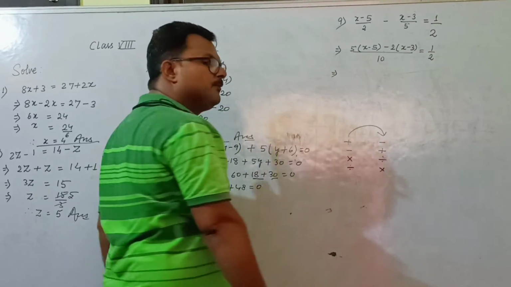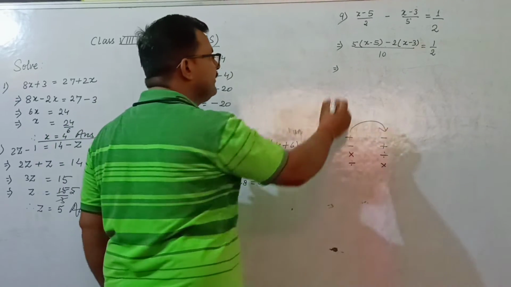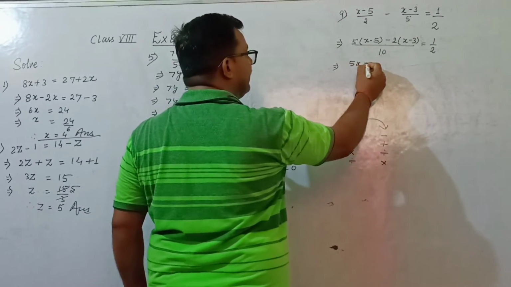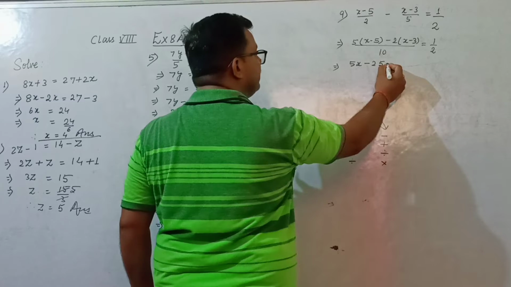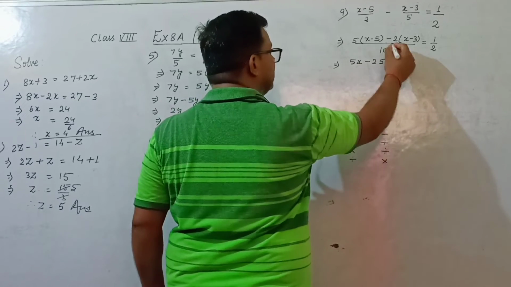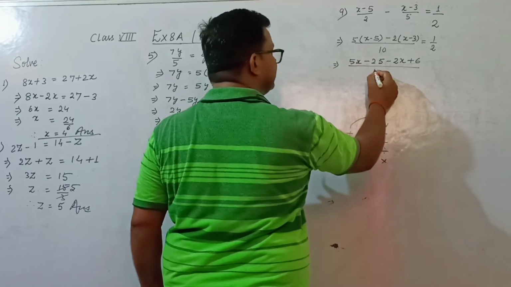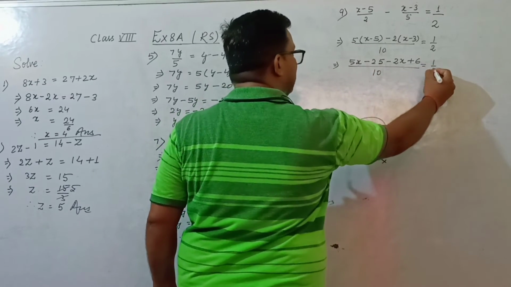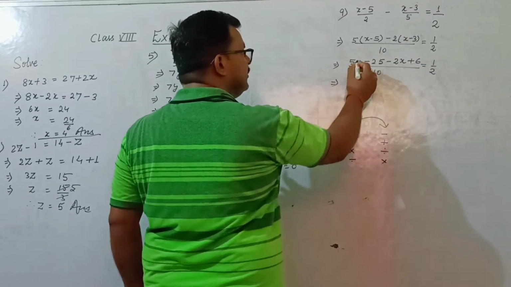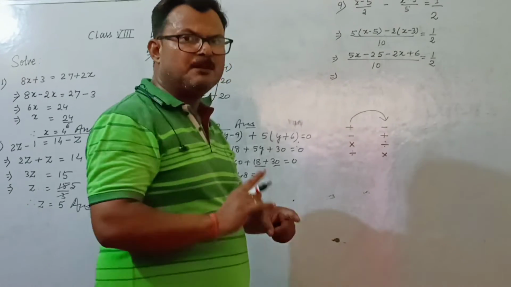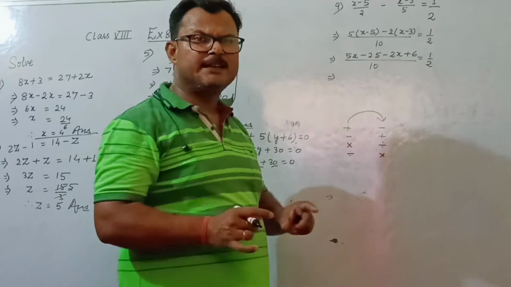Next, you have to open the bracket. 5 into x, 5x. 5 fives are 25. 2 into x, 2x. Minus into minus, plus. 3 twos are 6. 1 by 2.